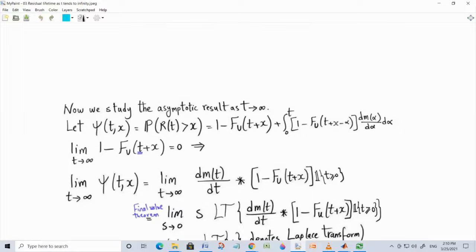This is what I have seen in applications like in wireless communication: you take the limit as T goes to infinity. You assume that some significant amount of time has elapsed, and you wish that after a very long period of time, things will become independent of time. So in practical applications, people will tend to use the steady state distribution, which is the distribution as T goes to infinity.